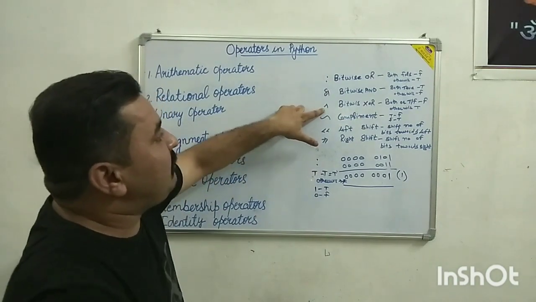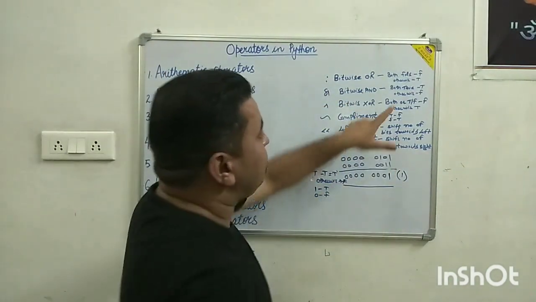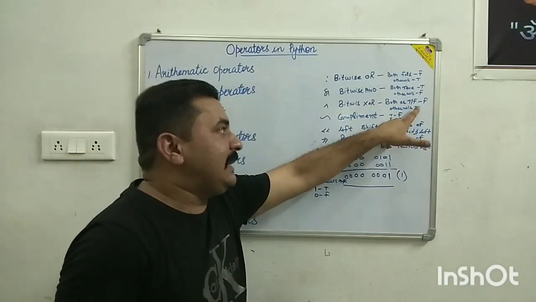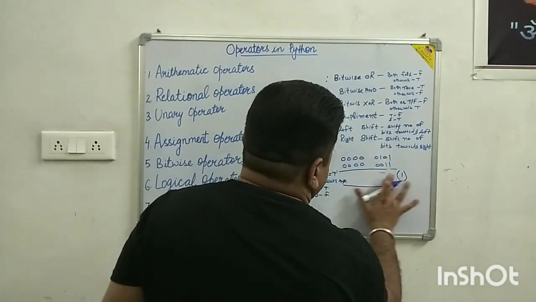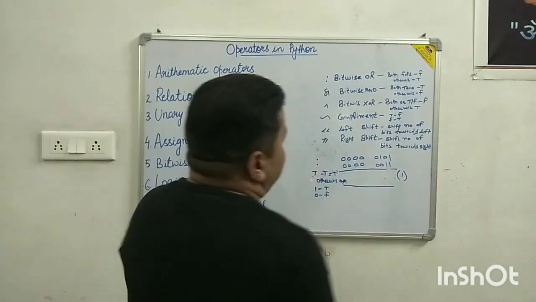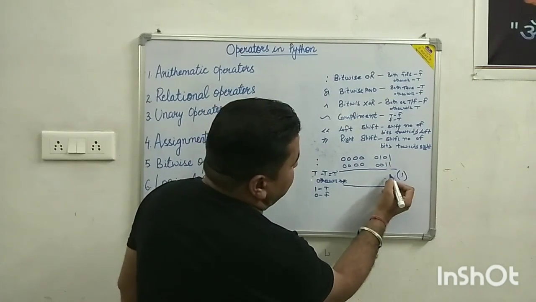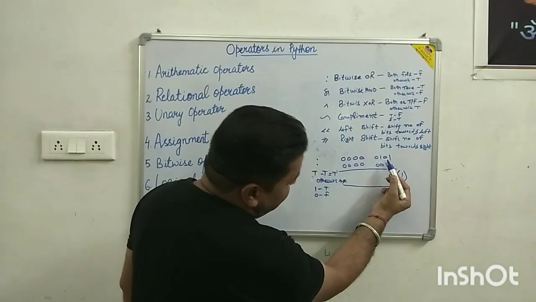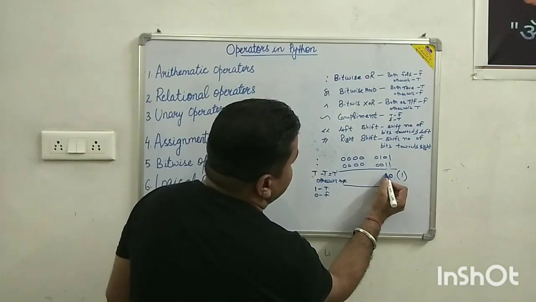The next is the bitwise XOR operator. If both the values are the same, both true or both false, then the result is false, otherwise true. So 1 1 is 0. Now the next one is 0 and 1. Since the values differ, one false and one true, the result is true.